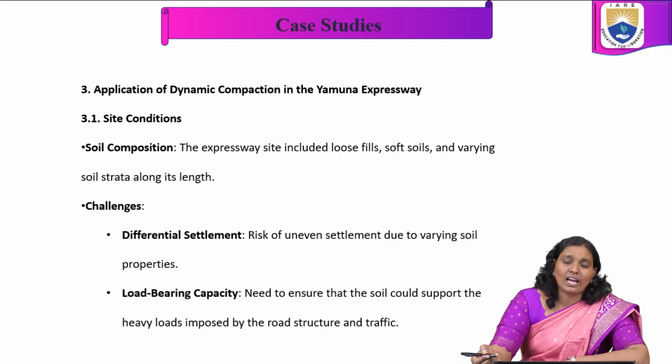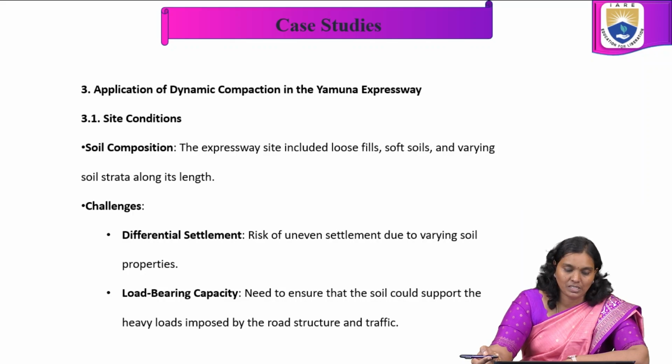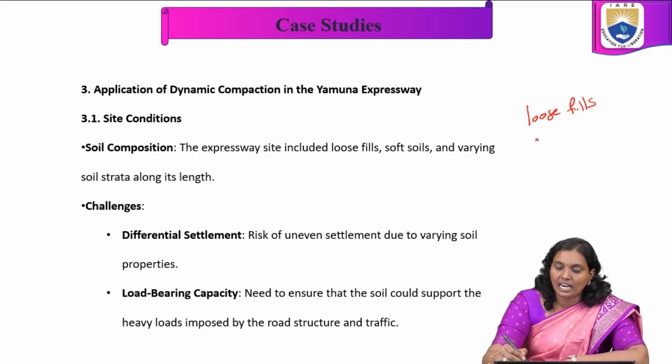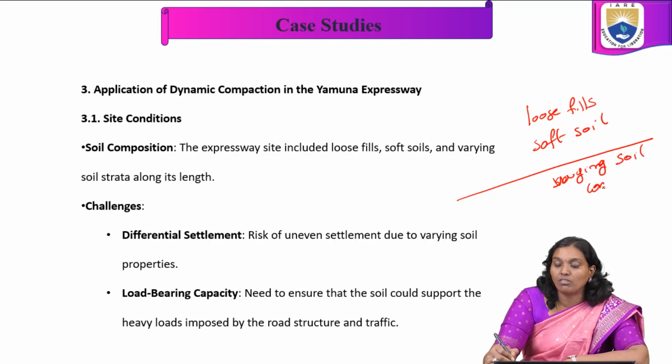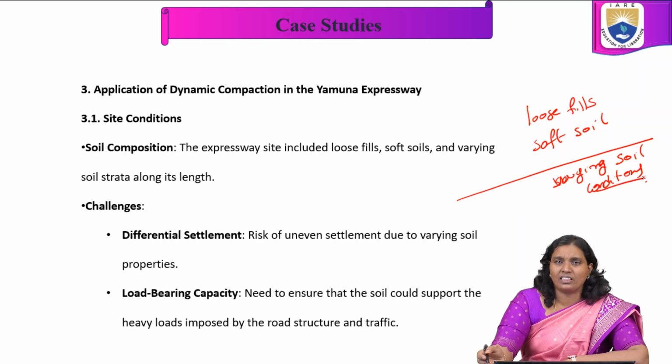Now, the application of dynamic compaction in this particular Yamuna Expressway: the site conditions. The expressway site included loose fills and soft soils, and also variation between the soil conditions along this stretch.